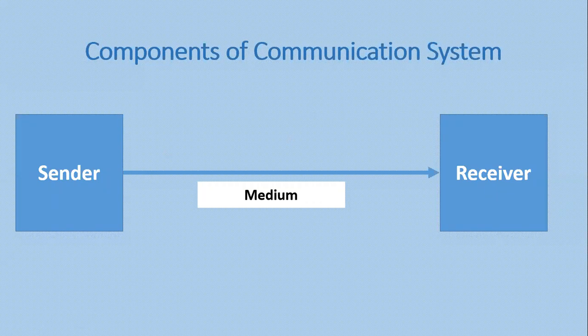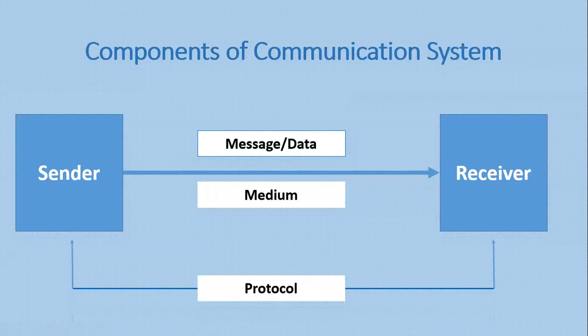Then, what are you actually sending? Of course, there would be some data, like a voice message, some audio file, video file, text file, image, simple text, multimedia, whatever type of data that you are sending from the source to the destination.